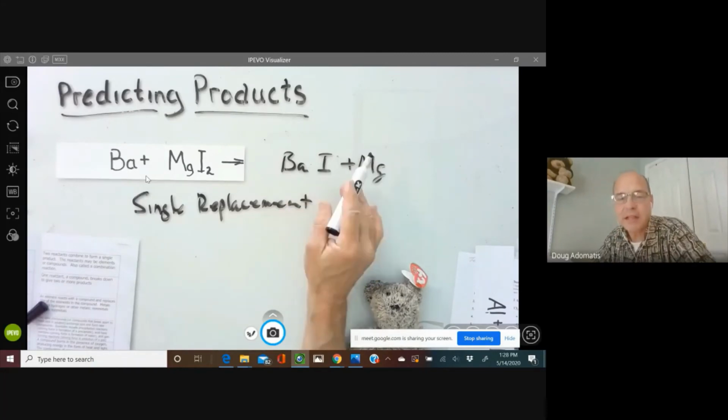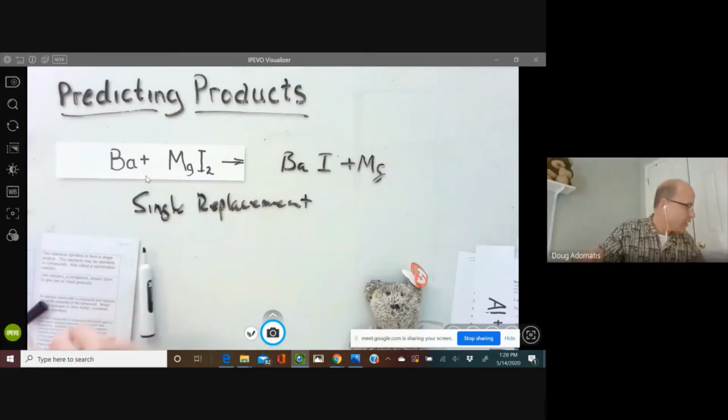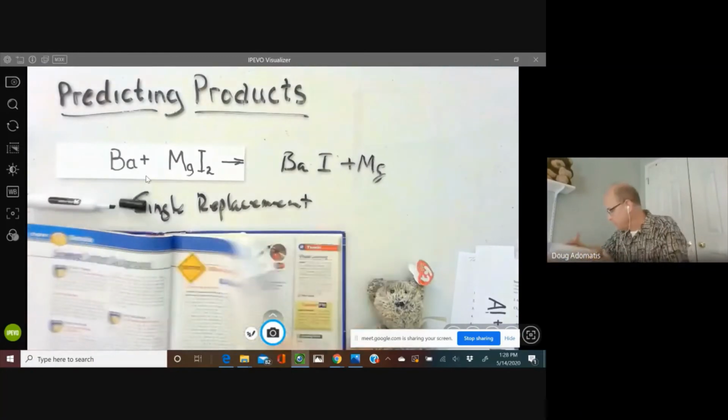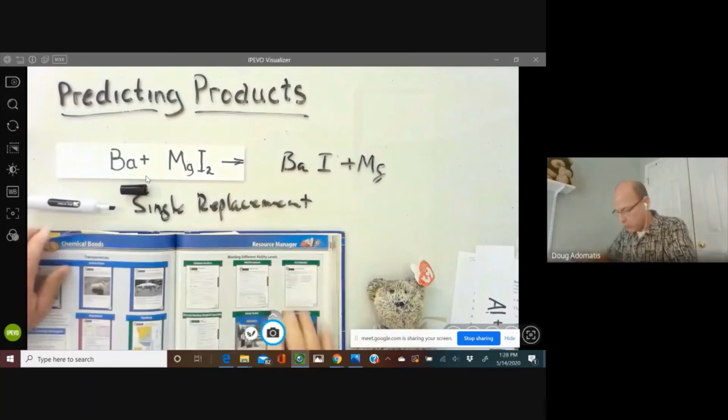Okay. Now let's clean things up again a little bit. Barium, oh goodness, I'm going to have to look on my periodic table. The oxidation number for barium, that's not one that we're usually familiar with.